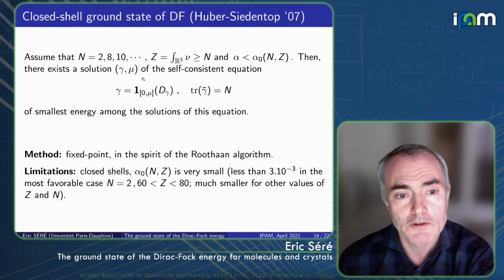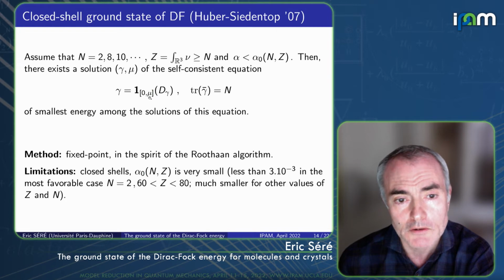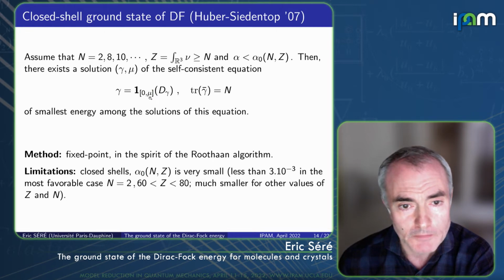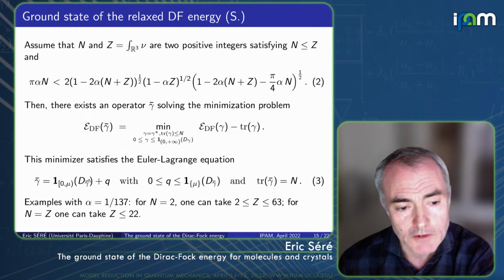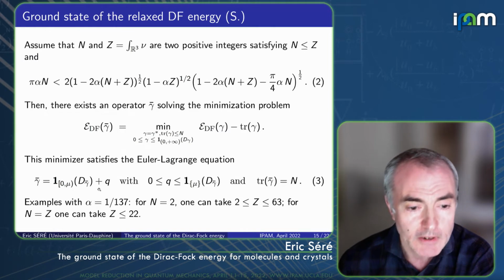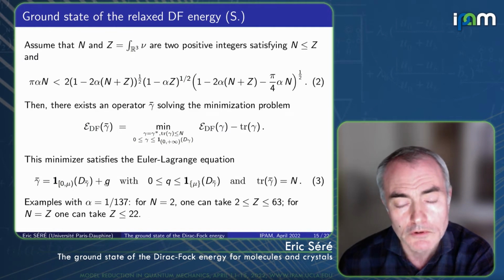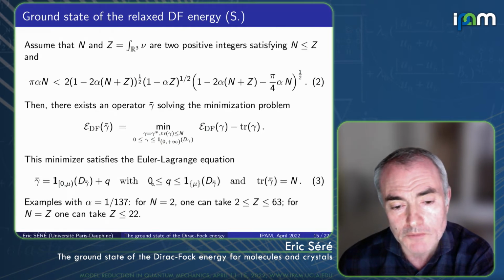Gamma should be a spectral projector associated with an interval 0, mu, mu being a chemical potential. And here, what I get is that it's almost like that. It's made of a sum: the first term is the spectral projector on the interval 0, mu, mu excluded. And then you have a correction Q, which is not necessarily a projector, but it's a self-adjoint operator, which is between 0 and the spectral projector on the eigenvalue mu.